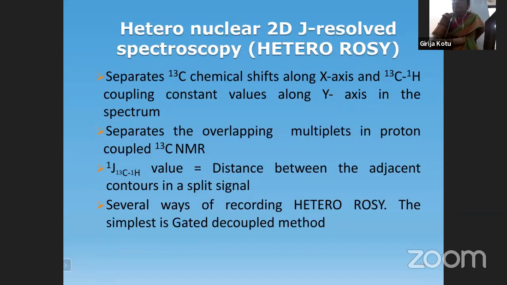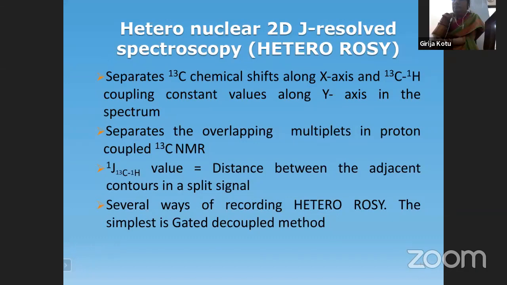So here HETEROSY separates C13 chemical shifts along the x-axis and C13-proton coupling constants along the y-axis in the spectrum. As I said, HETEROSY is nothing but a spectrum which involves heteronuclear couplings. And in which spectrum do we observe heteronuclear couplings between proton and C13?